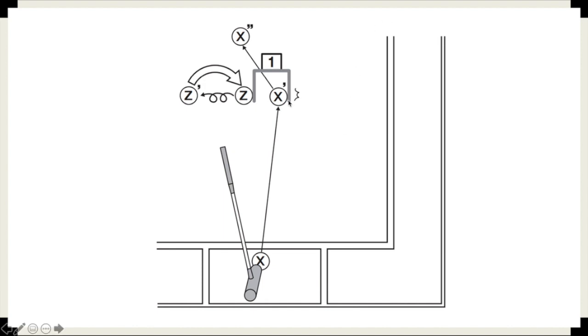Say by some freak accident, I don't know how on earth this could happen, but we're just doing an example, ball X strikes the gate here, ball Z moves, but ball X hits ball Z. That's a ball making an invalid move touching a ball making a valid move. Then the ball making the valid move shall remain at the position in which it stopped following that move. So it basically means that Z would be moved back, but there is no rectification for the fact that X hit Z. So we would just leave X wherever it stopped.